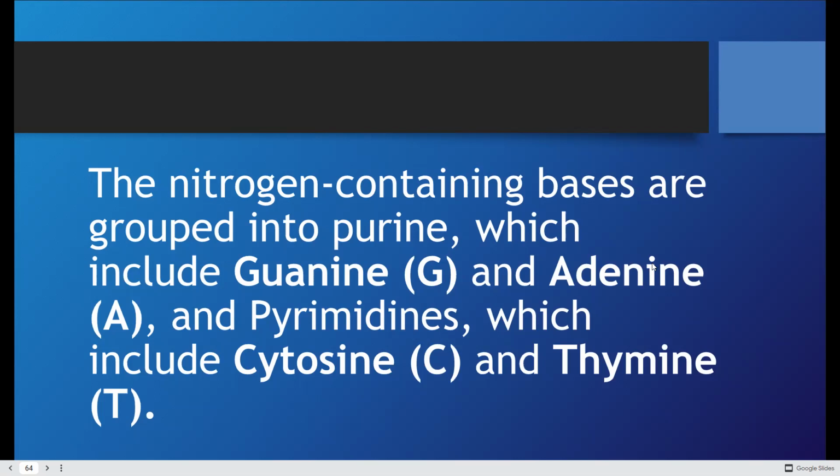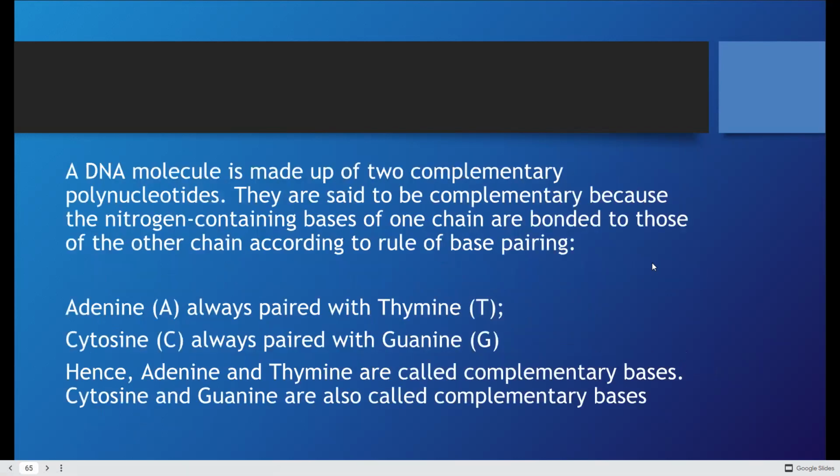How can we pair them? The DNA molecule is made up of two complementary polynucleotides. They are said to be complementary because the nitrogen-containing bases of one chain are bonded to those of the other chain according to the rule of pairing.